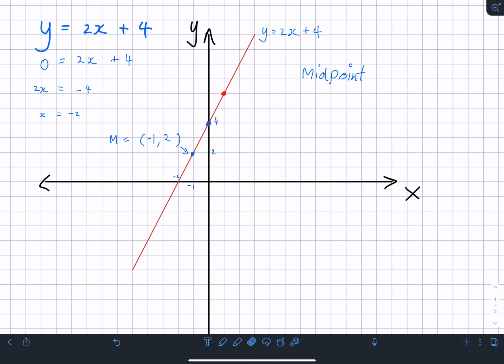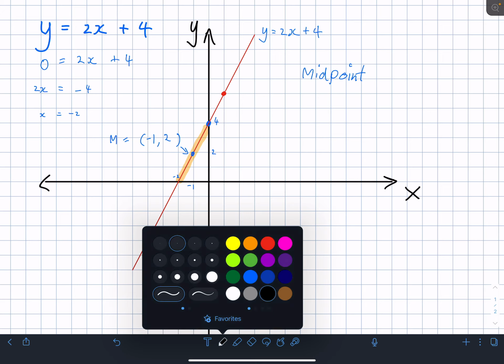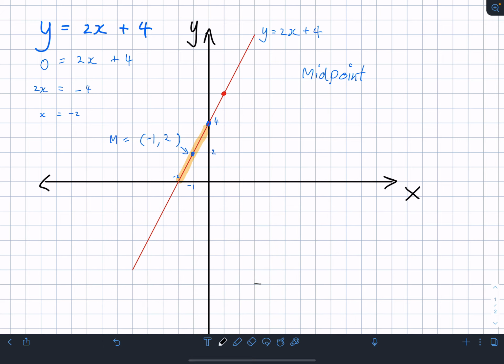Next, we want to find the length of that line segment. For us to be able to do that, I think it's helpful for us to draw this triangle, 2 units that way, 4 vertically, and it's there. It's a right angle triangle, so I'm just going to colour this in so that you can see that I've just duplicated this triangle here.